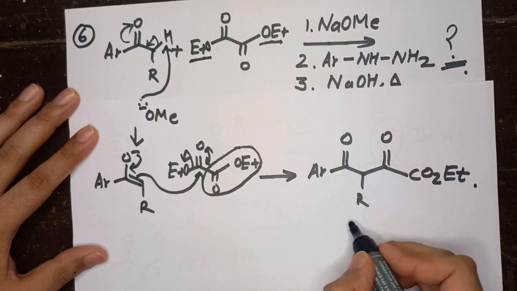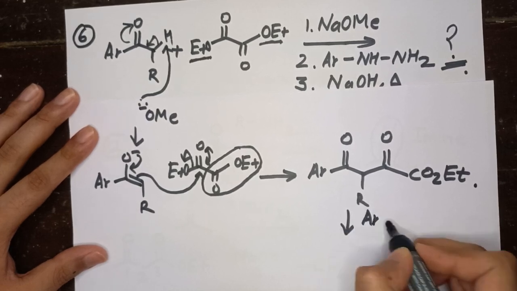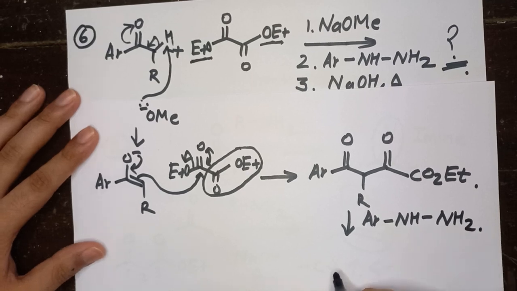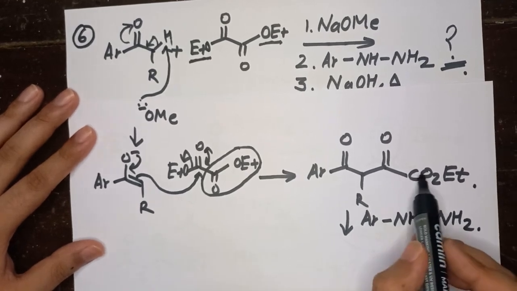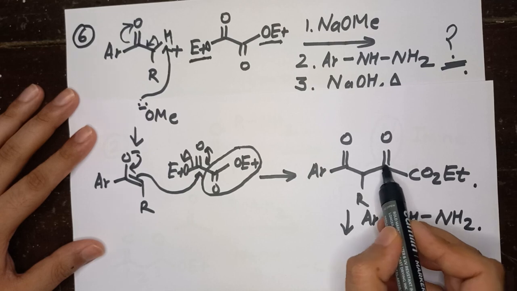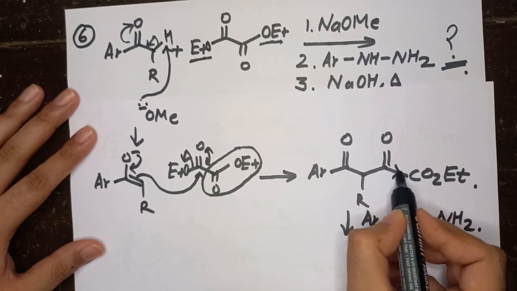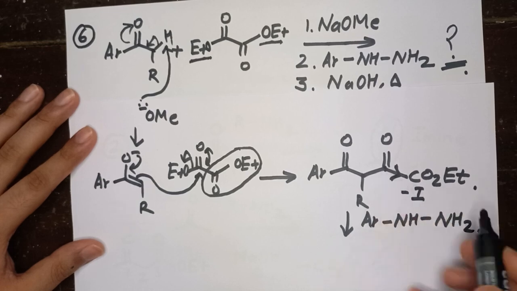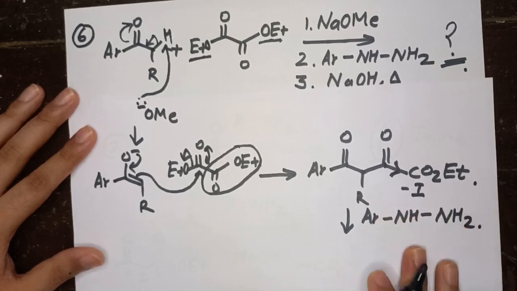Okay, now in the second step we have this molecule. Now because a carbonyl group is present next to this carbonyl group, becoming more -I effect, this is going to react first with this amine and it will form imine.